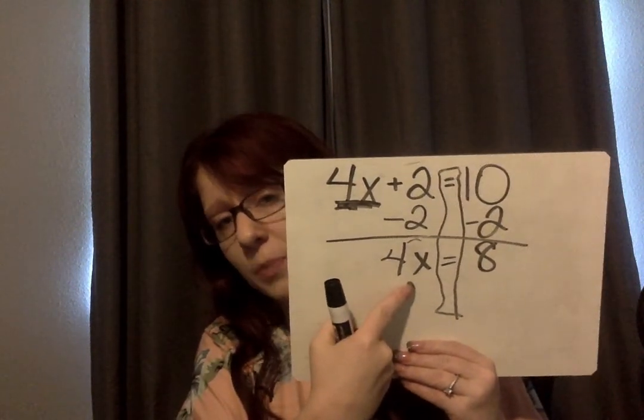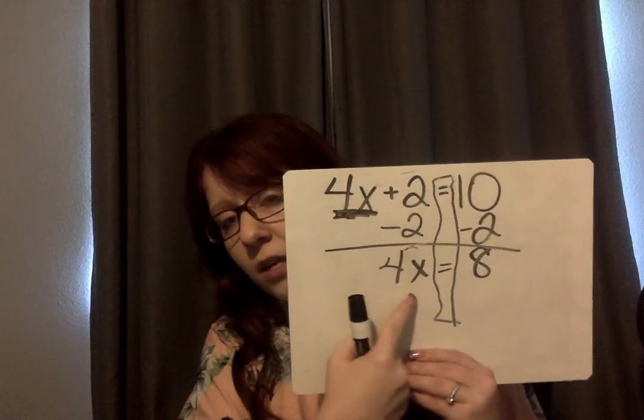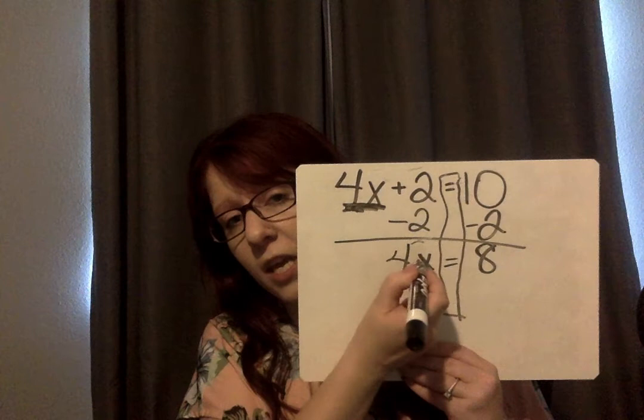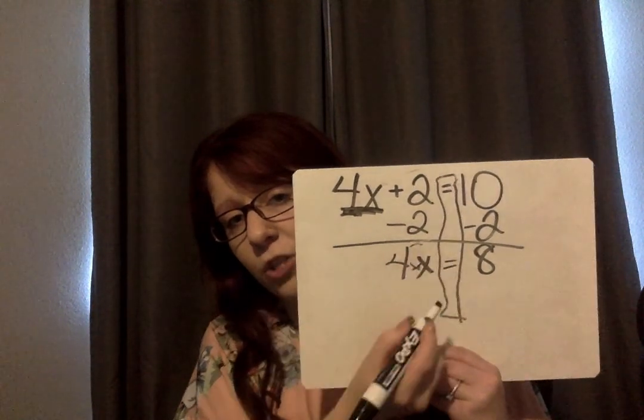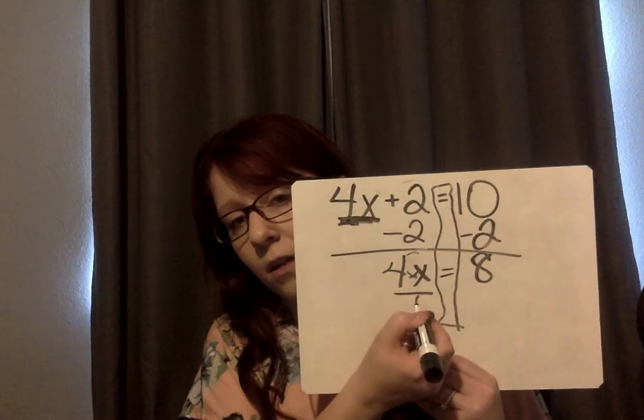Addition, subtraction, multiplication, or division? What's going on between 4 and x that's hidden? It's not written there. Excellent, Corey. It's multiplication. And so I'm going to draw a little multiplication sign. And what's the opposite operation of multiplication? Oh, I tried writing that backwards. Good. Division. Excellent.